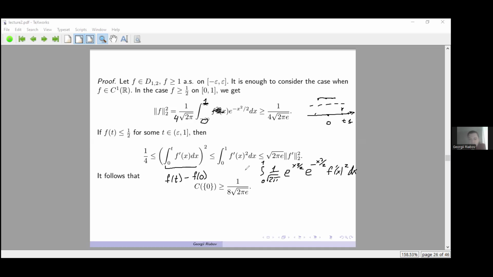Then we need also to multiply by root of 2 pi and estimate this exponent by just root of e. And finally, increase the range of integration to the whole real line, then we will get the L2 norm of f prime.